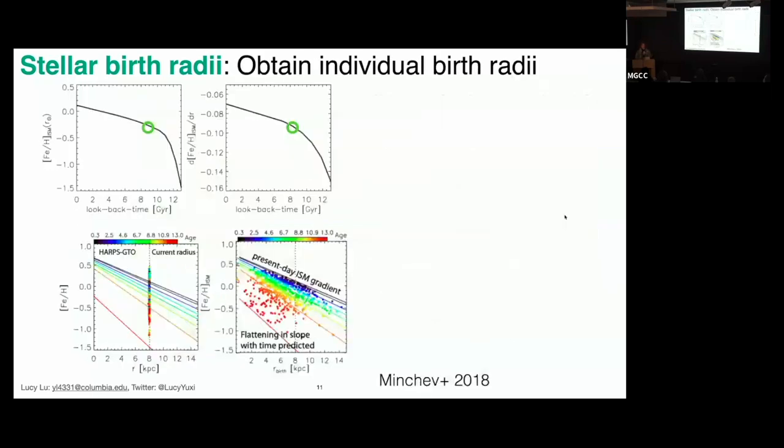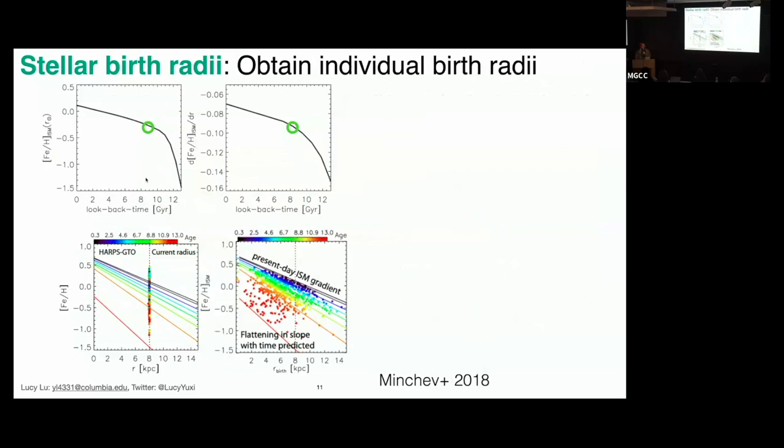What people typically do to get individual stellar birth radii is to assume that there's a linear gradient of the ISM at all times. If you have a linear gradient, that means you will need a point and a slope to define the ISM gradient at that age. So here on the left, for example, let's say we have a star that's 9 gigayears old.